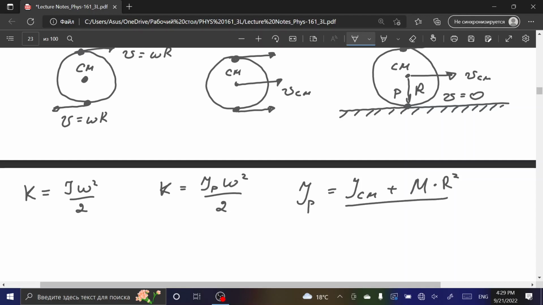Now, once we have the moment of inertia with respect to this point P, we can substitute it here in this equation for kinetic energy.